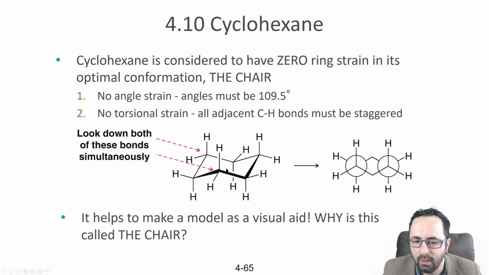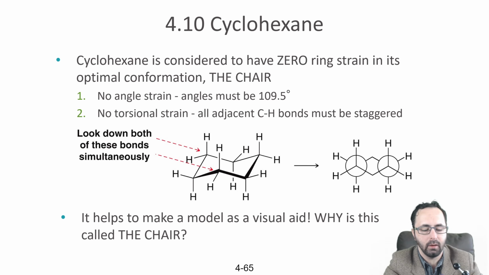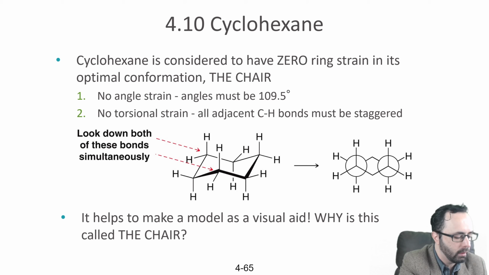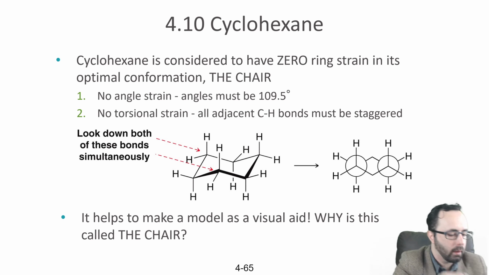And so you can see this, it's not really a chair, it's kind of like a recliner chair, the chair configuration. But that's what we've got here. And if you've got your own models, like I did recommend to you guys, you probably want to get some models that you can hold like I have here.